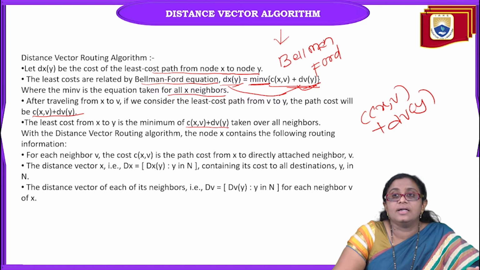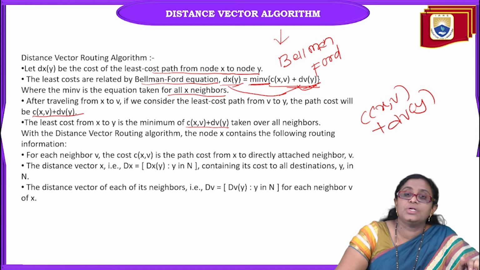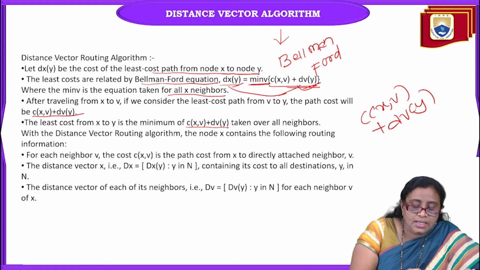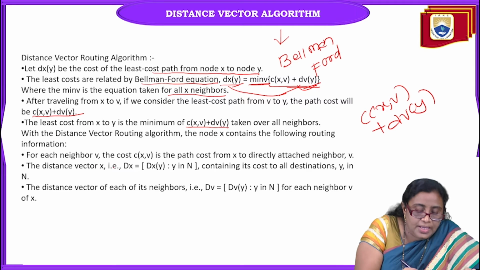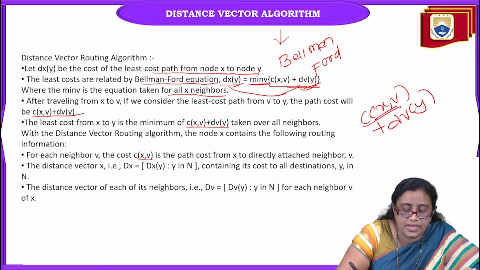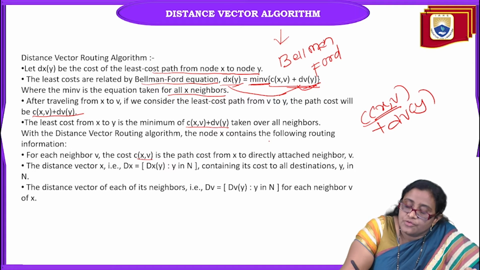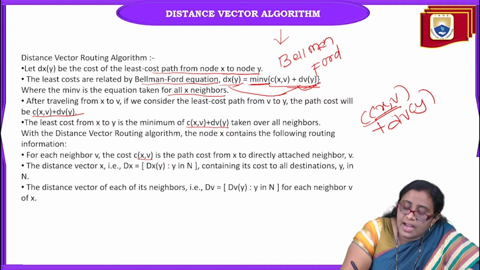The node x contains the following routing information related to the routing table. For each neighbor v, the cost c(x,v) is the path cost from x to the directly attached neighbor v.